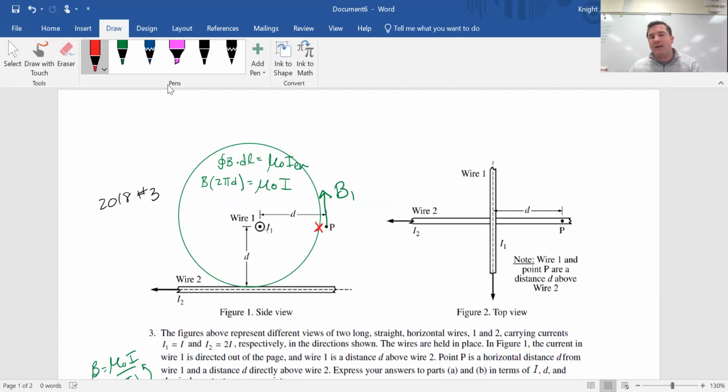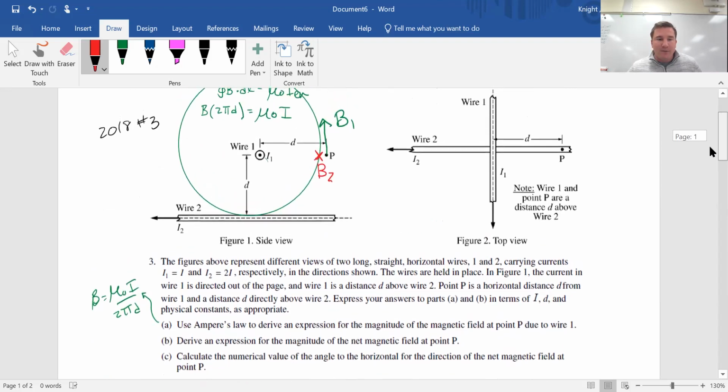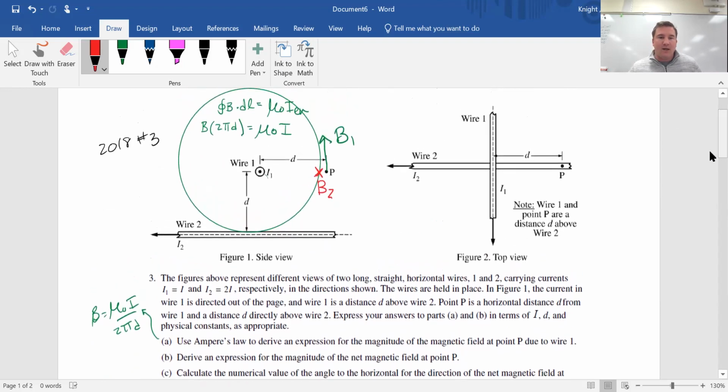So we have 2 magnetic fields here that are both vectors. So we kind of have to do some vector addition to figure out what the total magnetic field is. This is the magnetic field from 2, right? They're perpendicular to each other, so we can just do Pythagorean theorem to figure out what the total magnetic field is going to be there. So B1 and B2. Interesting to note that B1 has a current of I, B2 has a current of 2I.